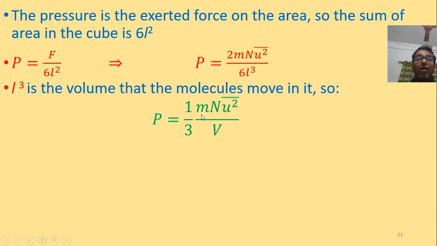So now, 2 and 6 cancel out, so we get 1 by 3, that is 1/3 m N u square bar by V. So ultimately PV is equal to 1/3 m N u square bar. Here u square bar means the mean square speed, N is the number of gas molecules present in the container, and m is the mass of each molecule.